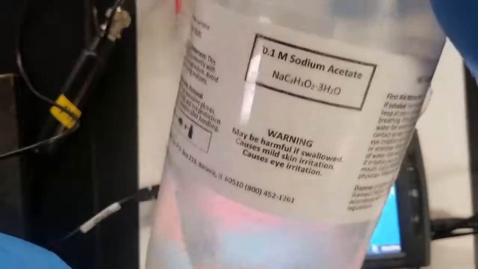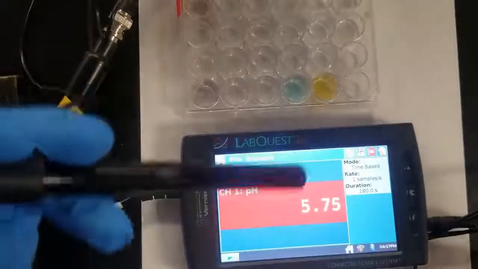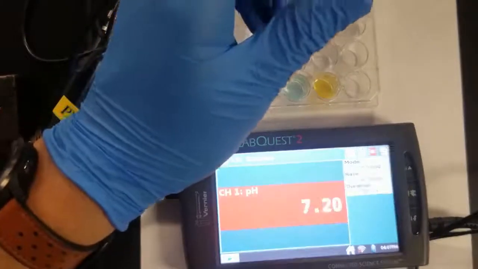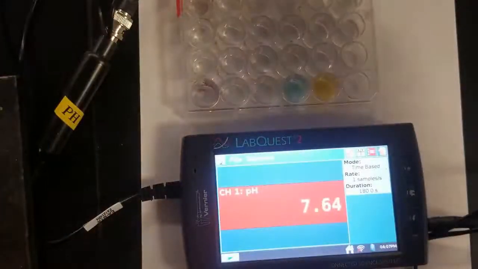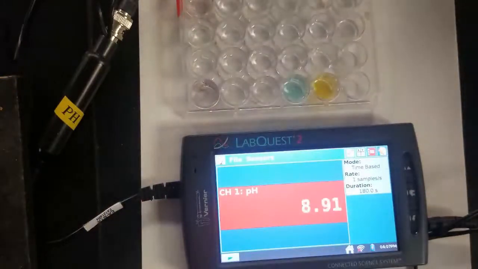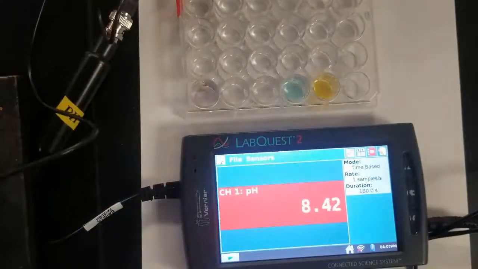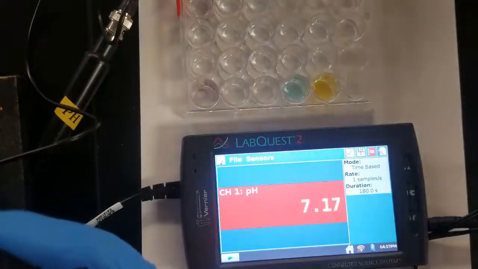Next up, we have some sodium acetate. And here we can see a pH of above 7, almost 8. Next up, we have ammonium chloride.